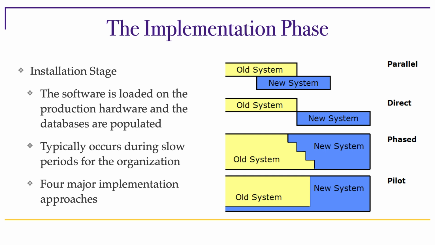And then the last way to do this is called the pilot. This is viable when the same system needs to be installed in multiple different units. A perfect example would be a restaurant chain. Say you have a reservation management system or a table management system.